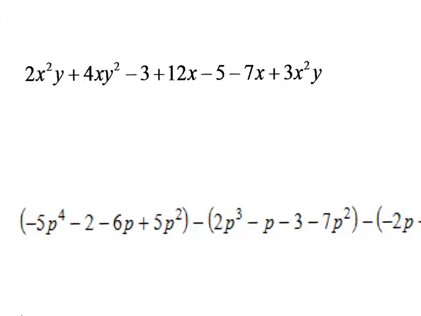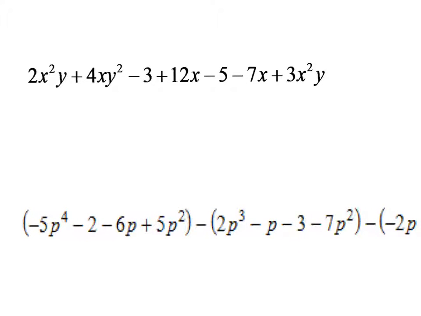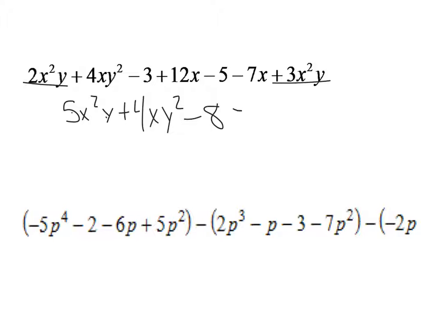I'll zoom out to do the last one. For this one, again, I look to see what's similar. I'd have a 5x squared y, because I can only combine these two since the exponents are exactly the same, plus 4xy squared minus 8, and then plus 5x.